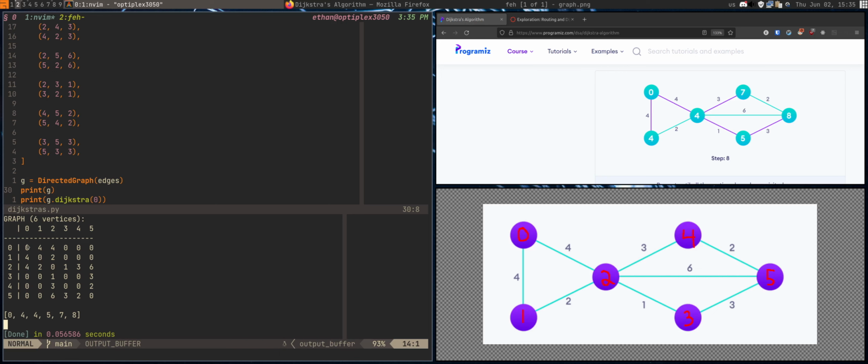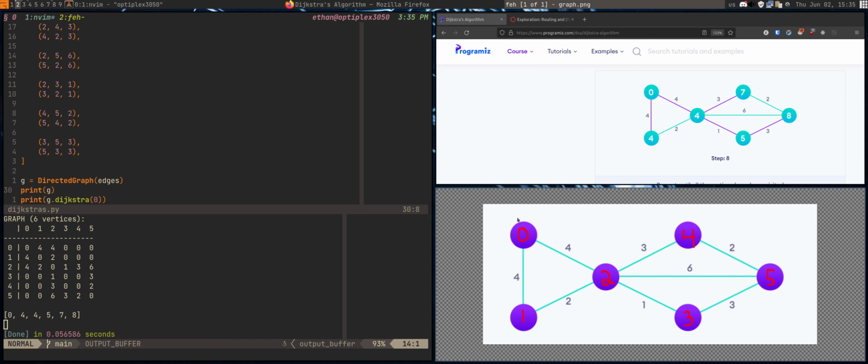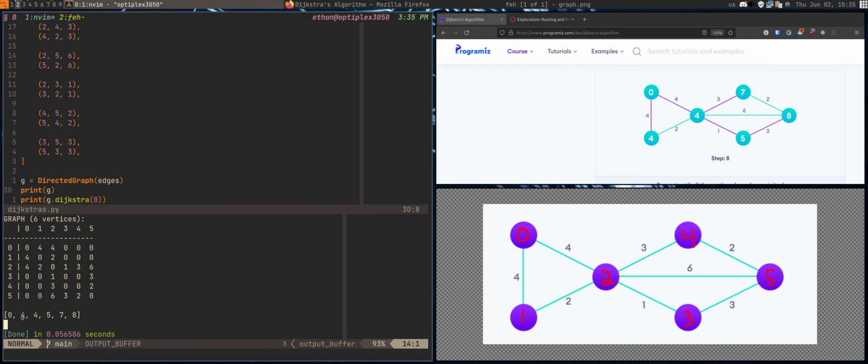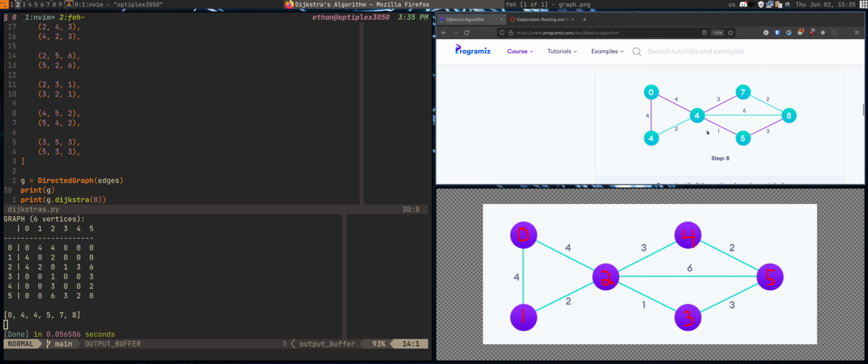So from 0 to 0, the path length is 0. From 0 to 1, it's 4. 0 to 2 is 4, 5, 7, 8, just like in this graph here.